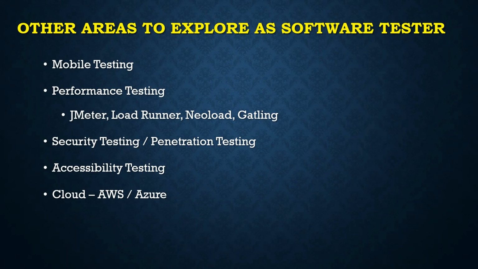Performance testing is a non-functional testing. In non-functional testing, we can definitely learn JMeter, LoadRunner, NeoLoad, and Gatling. They have unique requirements, so based on that, whatever we have to learn, we can prefer that.